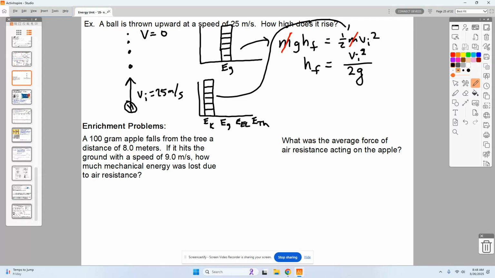Plug those numbers in. And again, with just some quick calculations, 25 squared, divide that by 2, divide that by 9.8, I'm getting about 31.9 meters.